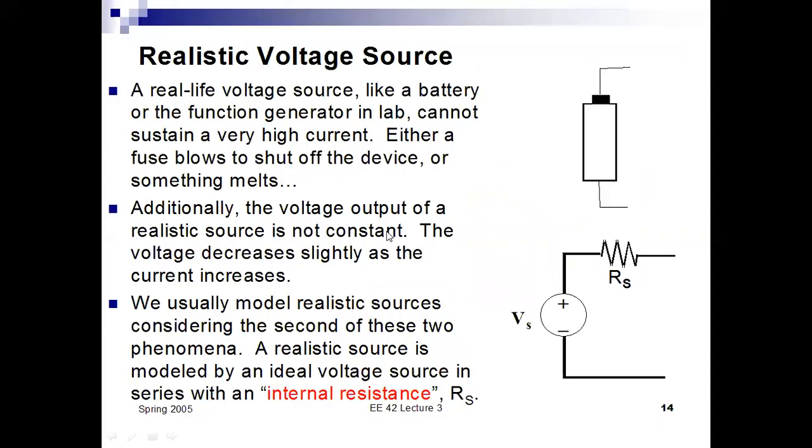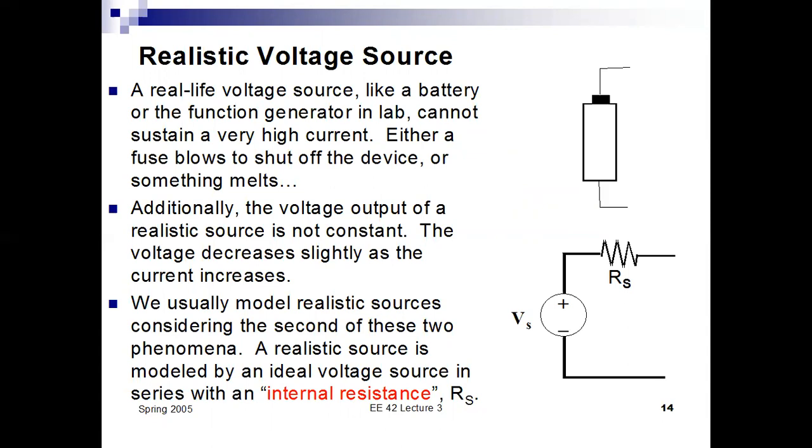Now we'll see the realistic voltage source. A real life voltage source, like a battery or a function generator in a laboratory, cannot sustain a very high current; either a fuse blows to shut off the device or something else happens. Additionally, the voltage output of a realistic source is not constant. The voltage decreases slightly as the current increases.